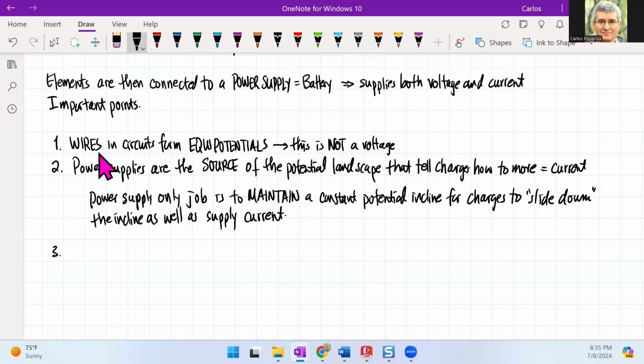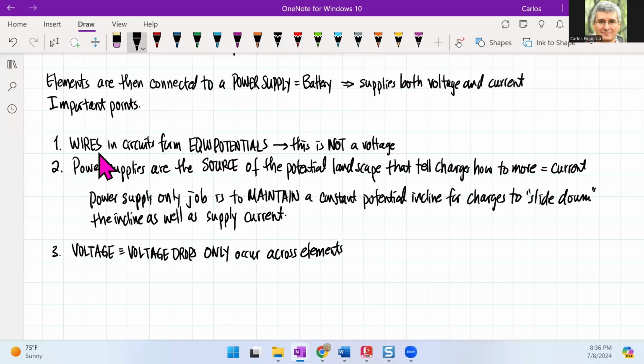So then the third thing that we should say here is that voltage, and we typically don't say voltage. A lot of the times we say voltage drops only occur across elements.